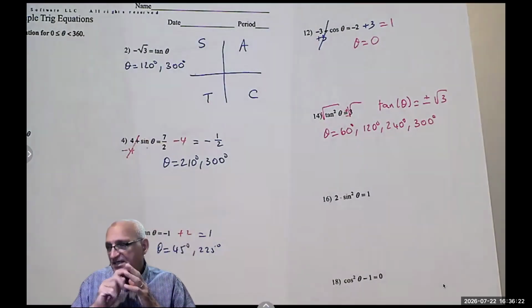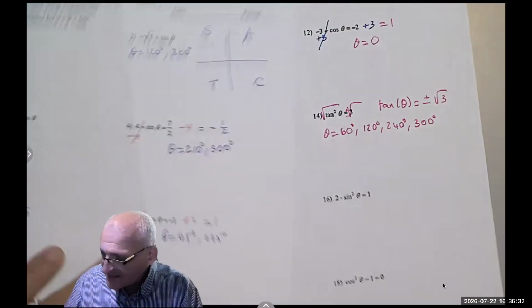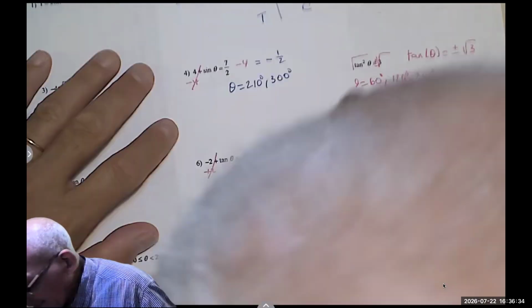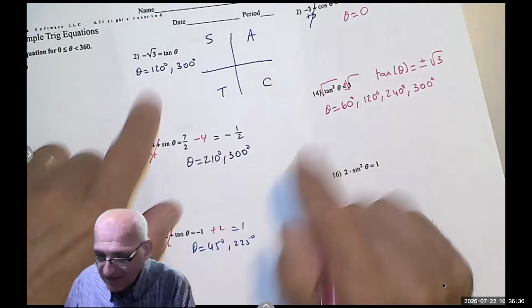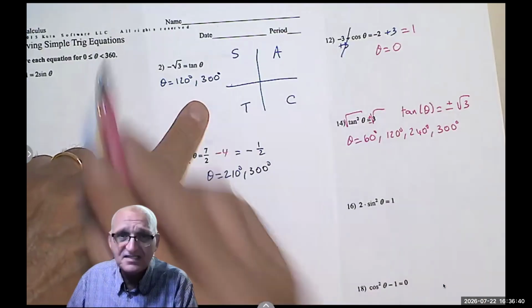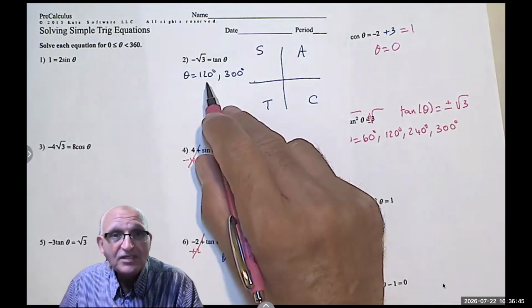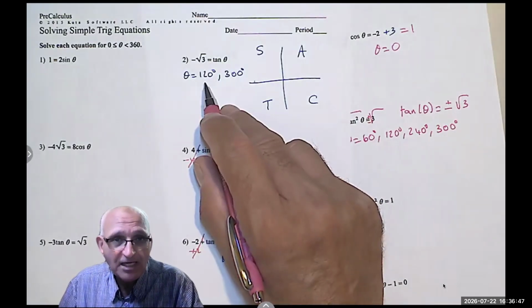I wish they wanted you to enter these values in radians too. I want you to get used to radians. So even though they didn't ask for that, let's write those in radians underneath. Here they said 0 and 360, so they want it in degrees. Remember, to get radians, we divide by 180 and multiply by pi.